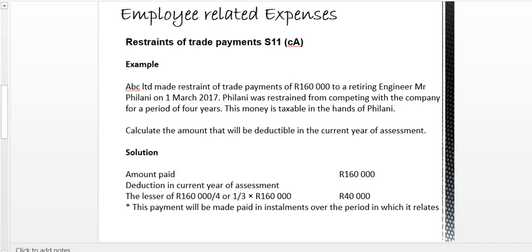So in this case, that's 160,000 divided by 4 years, so that's 40,000 Rand, or a third of 160,000 is 53,333. So the 40,000 Rand is less. So that's the allowed deduction, the 40,000 Rand. And you're allowed to deduct this 40,000 Rand for a period of 4 years. So each year it will be 40,000 Rand. Okay.